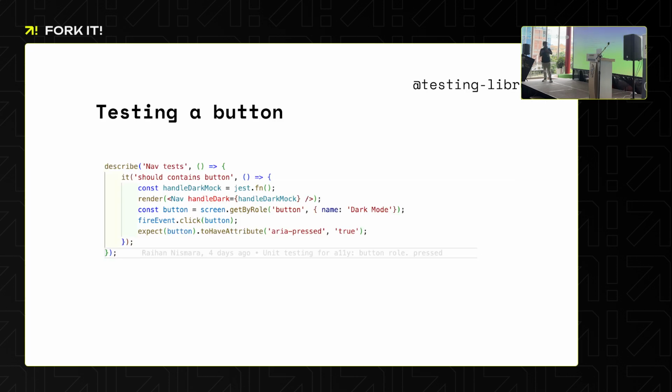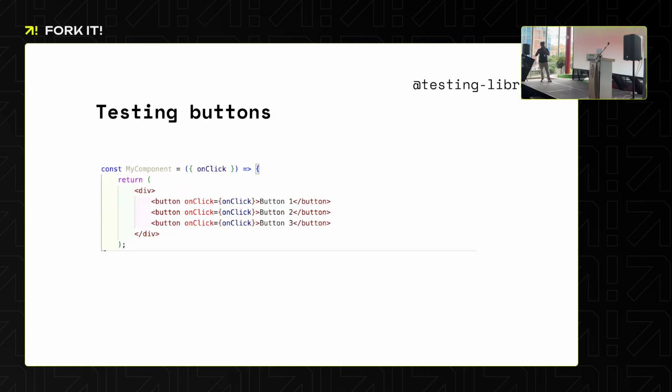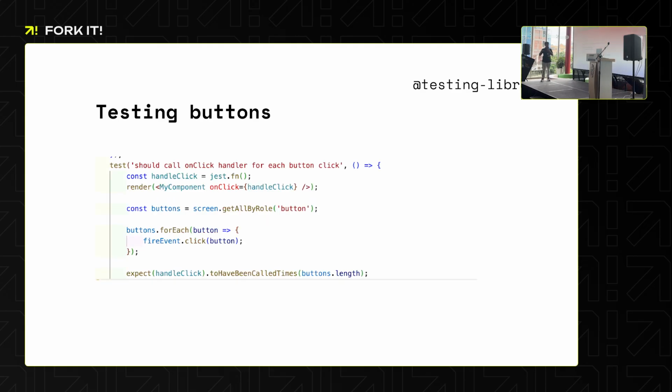For example, for testing a button, instead of using a class or ID, we can get it by its role. You can just use getByRole and then name the component itself. And if you have a bunch of buttons, you can do something like that as well.